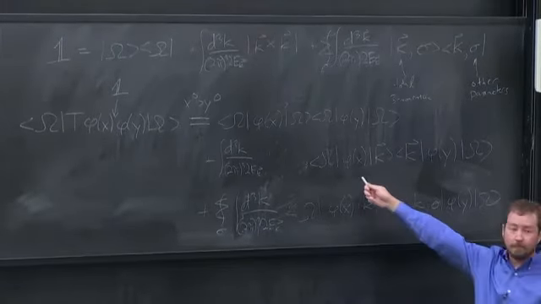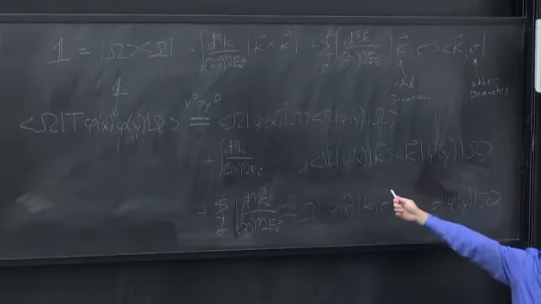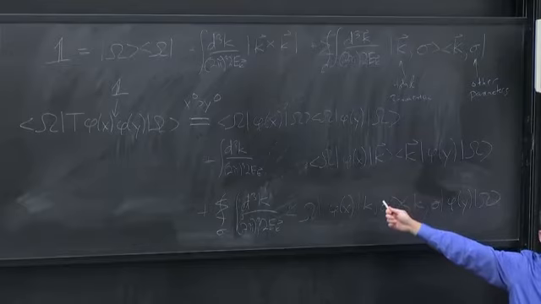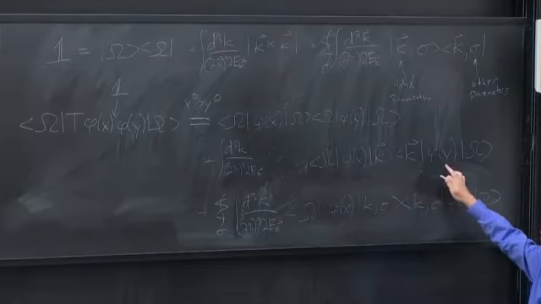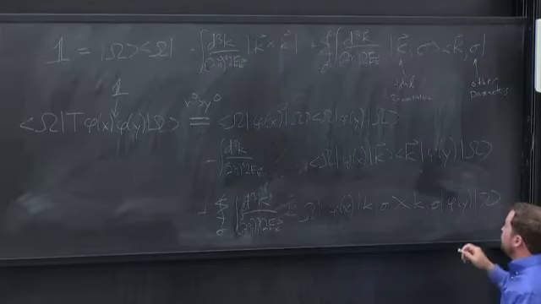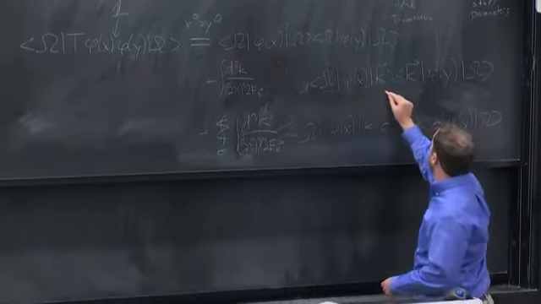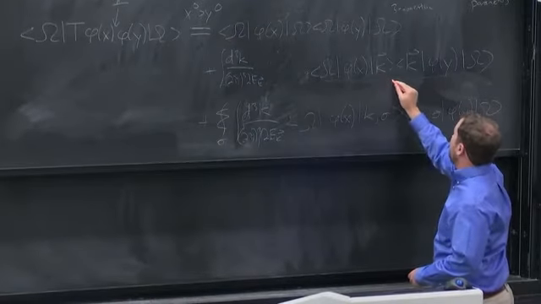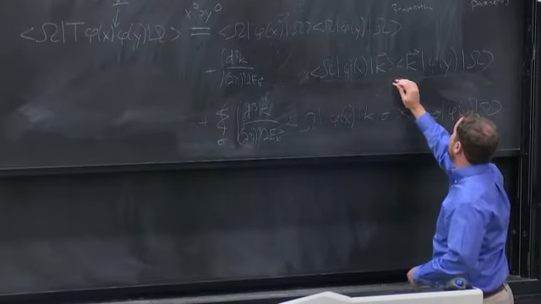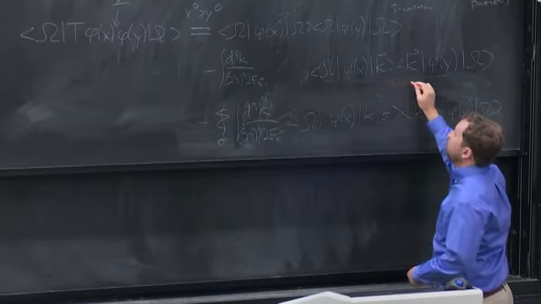This term, we know how to calculate as well. So this k pi omega just becomes a e to the I k dot x minus y.